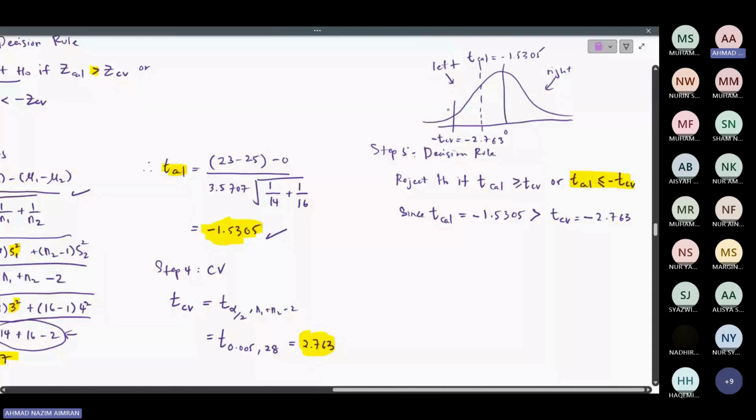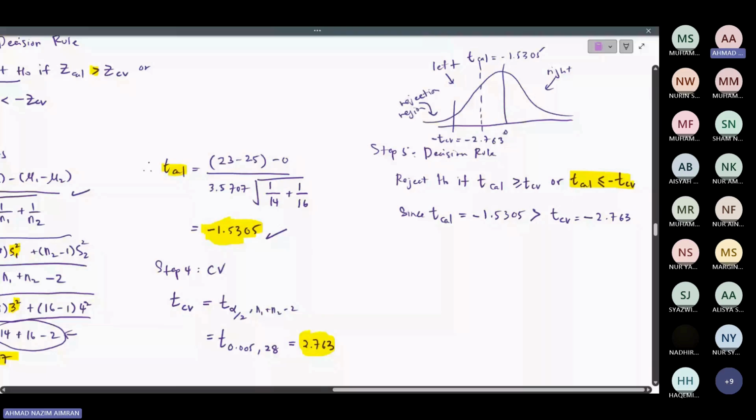Does it fall under the rejection region? No, because it is greater than the T critical value. We reject if it is less, but now we get greater than.